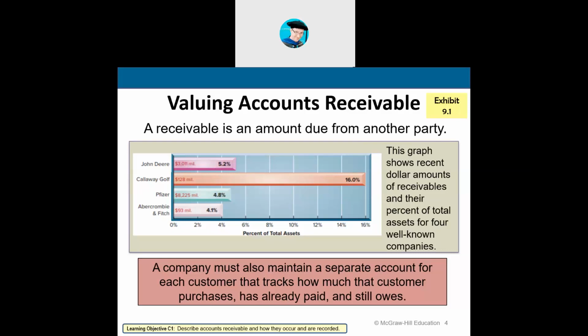The reason for this: if I have too much of my sales tied up in accounts receivable, that means I don't have a lot of cash coming into the business. Do you see what I'm saying? If I make a sale on accounts receivable, I'm not going to see the cash for 30 days possibly or longer. And businesses need cash in order to operate. So maintaining a good amount of cash flow is very, very important.